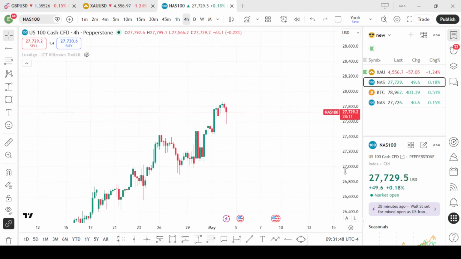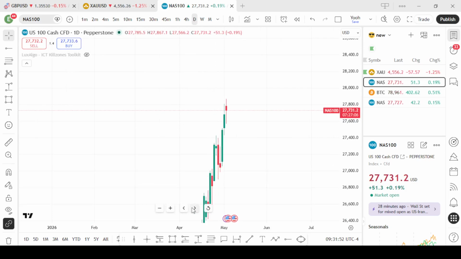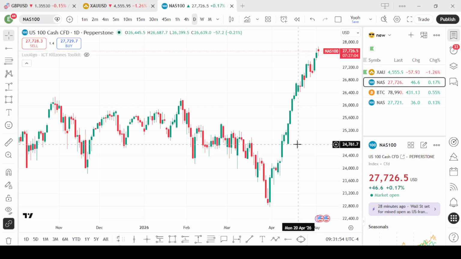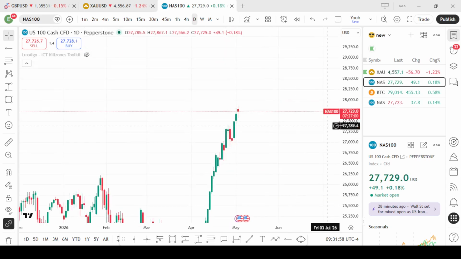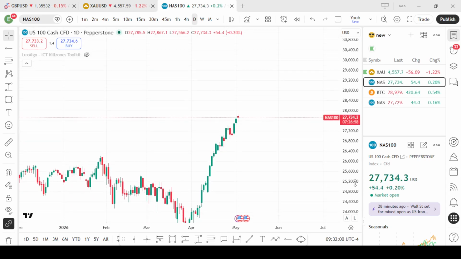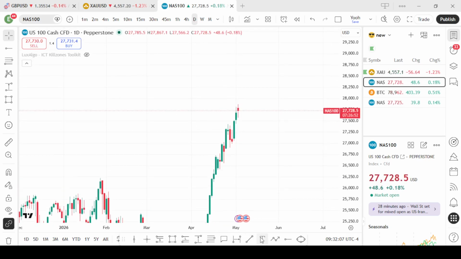NAS has been bullish for the longest. Where is our current structure on the daily? This is our current structure. We are in all-time highs.